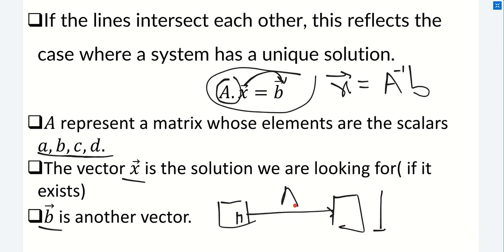So we need a matrix to do that, right? Moving from your home to the school, we are doing a transformation. Now, for you to get back, we have to find a way for you to get back.